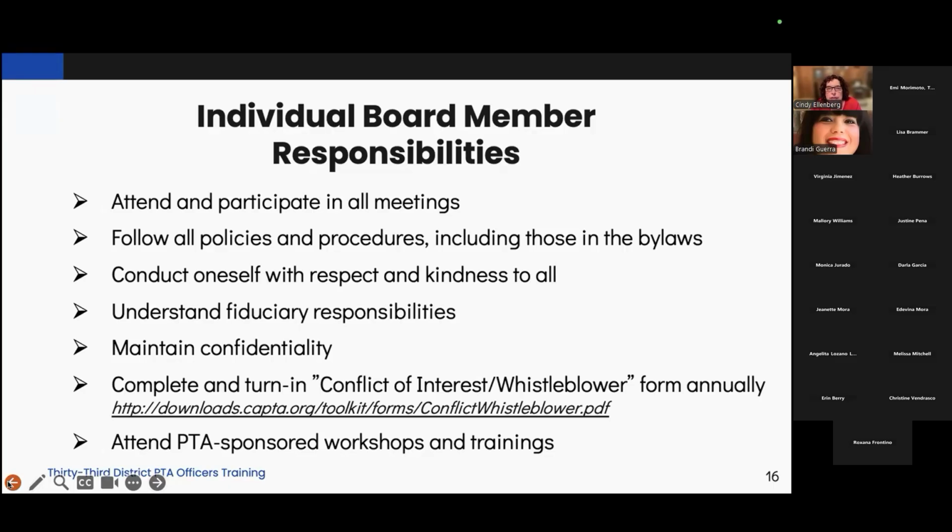And one thing to keep in mind when you're paying your insurance through AIM, you'll get an affidavit that you're asked to sign and return. And all that is stating is that we understand as a PTA that our insurance broker, AIM, is based in Texas and not in California. That's all that affidavit is stating.